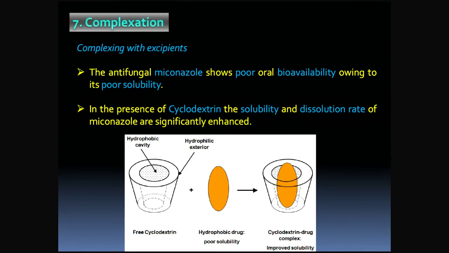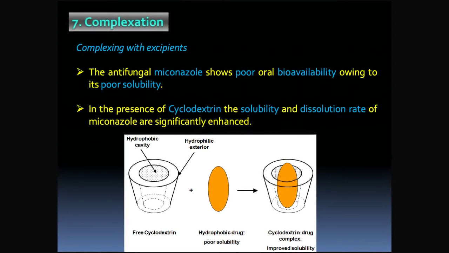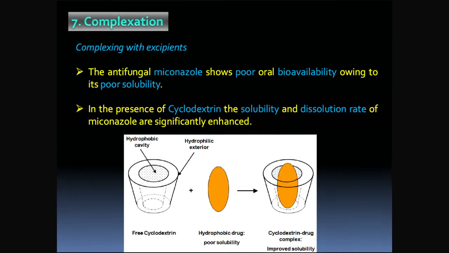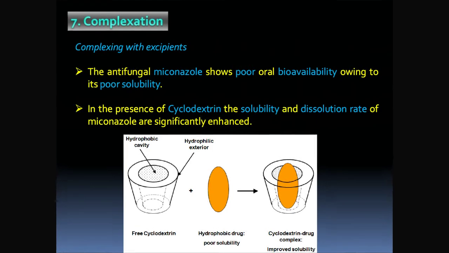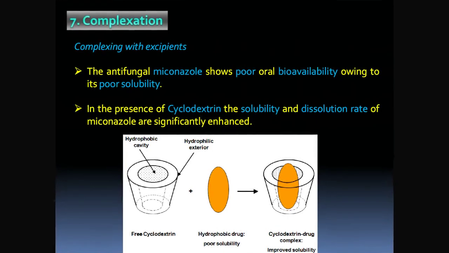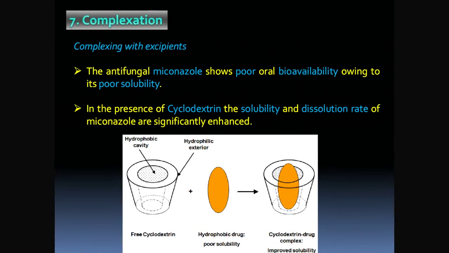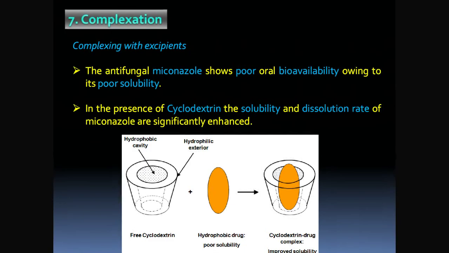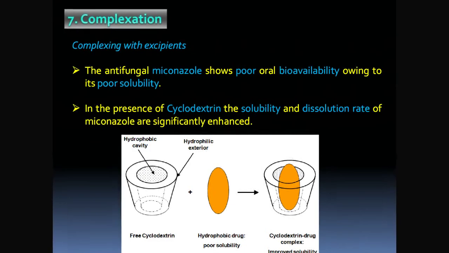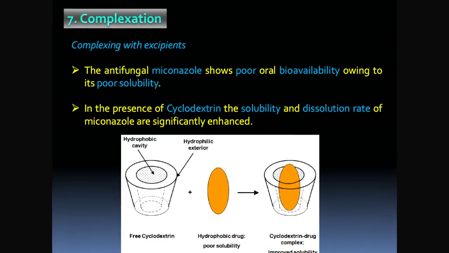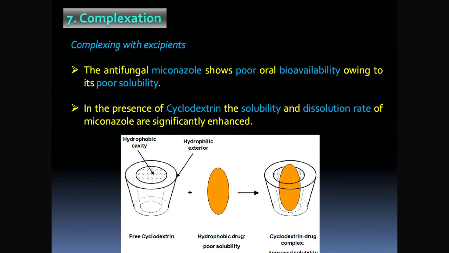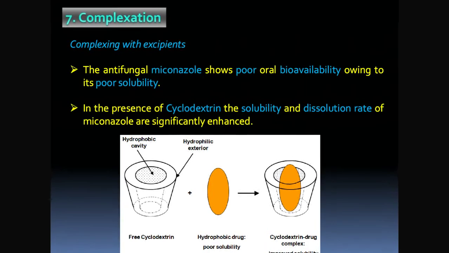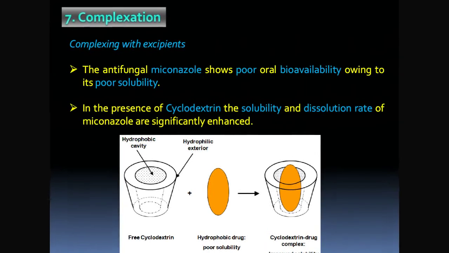The hydrophobic micronization molecule enters the internal hydrophobic cavity of the cyclodextrin, while the outer hydrophilic surface remains exposed to the surrounding water. This specific molecular arrangement shields the drug from the aqueous environment, which mathematically increases its effective solubility and dissolution rate. By strategically manipulating these intermolecular forces, how much more effectively can we deliver a lipophilic drug to the systemic circulation?